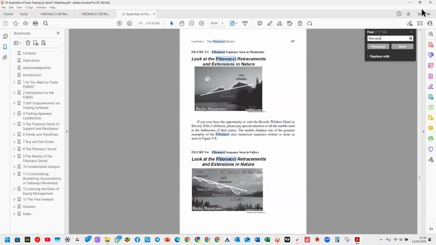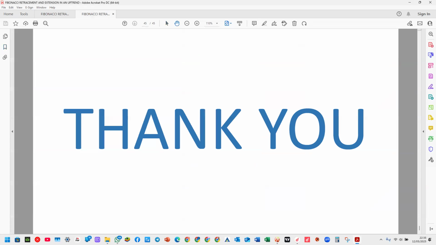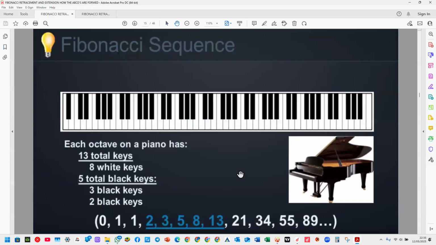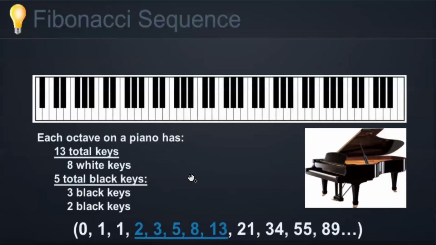So if all these things can follow the Fibonacci sequence, why do you think other things like the forex market will not follow it? So now this is just a demonstration of the efficacy of the sequence, right?